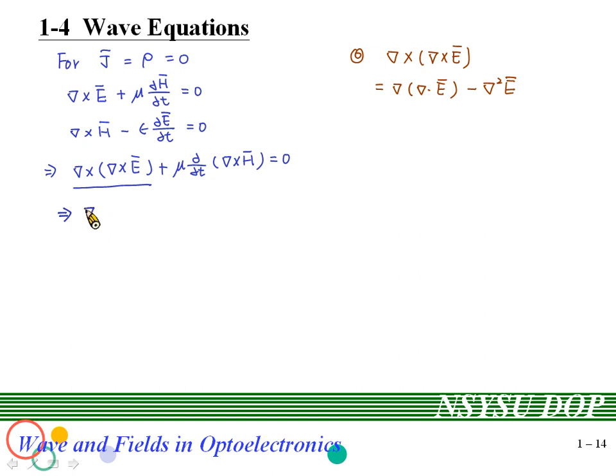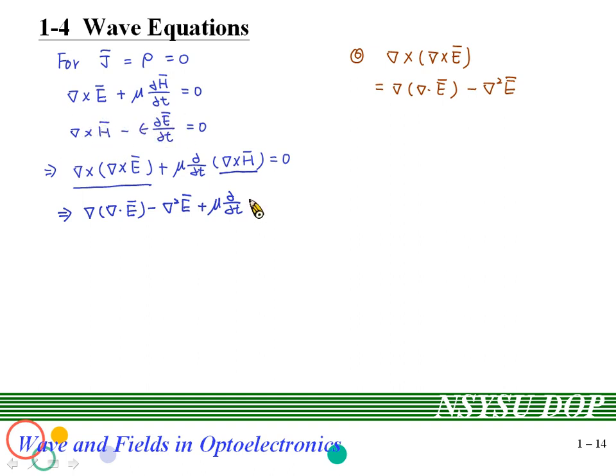We will have gradient divergence E minus Laplacian E plus mu partial over partial t. Here, curl H we can replace by this term.